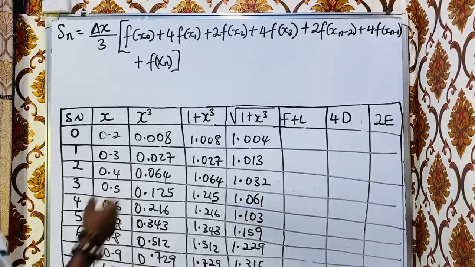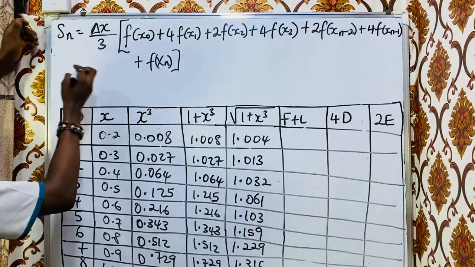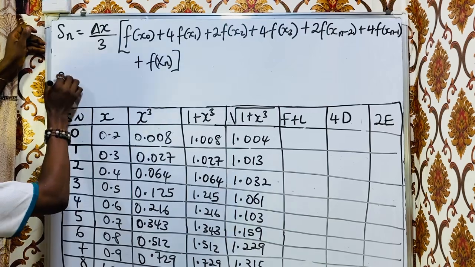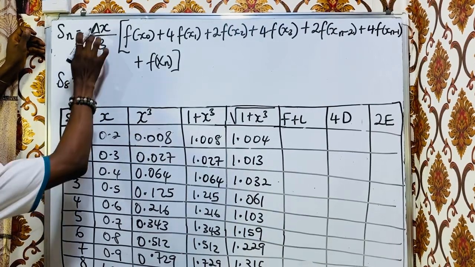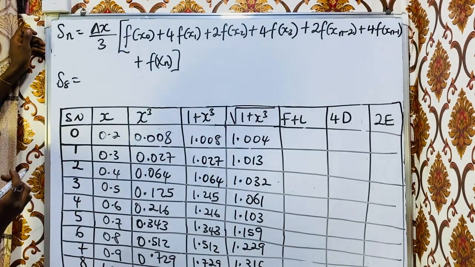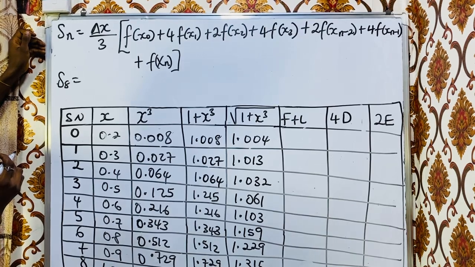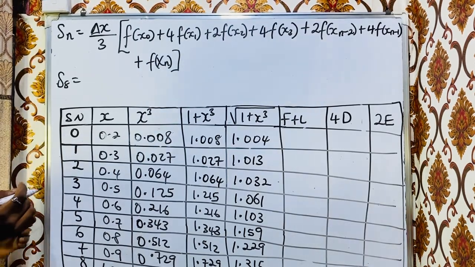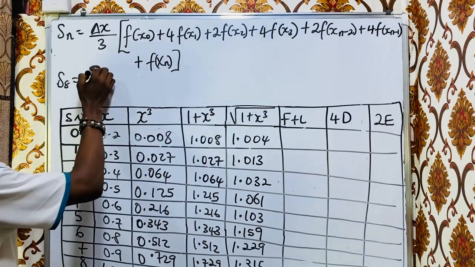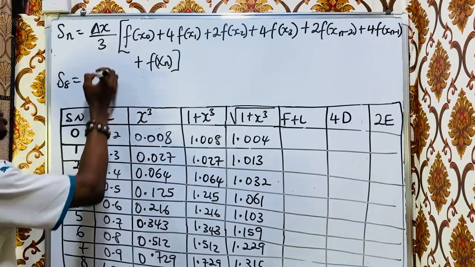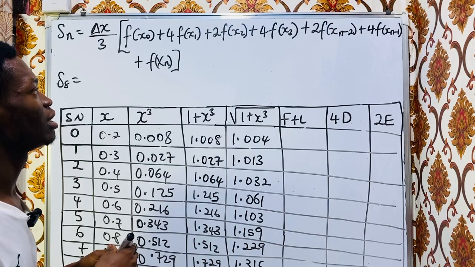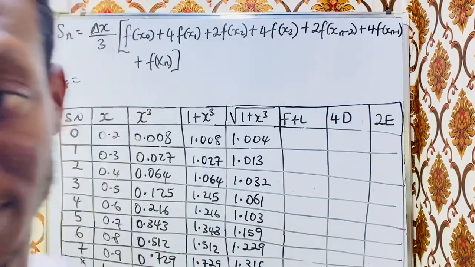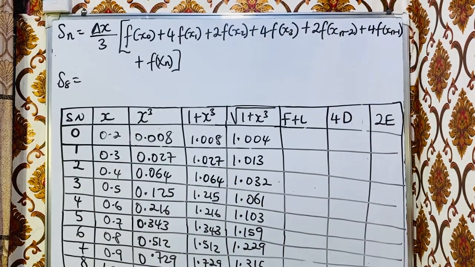So from this formula, I'm going to reduce it because our interval is 8. So S8 is equal to our delta x. What value do we get then? Delta x is 0.1.